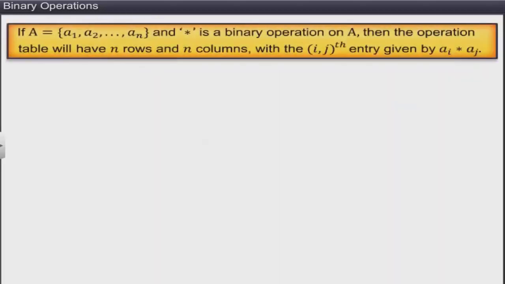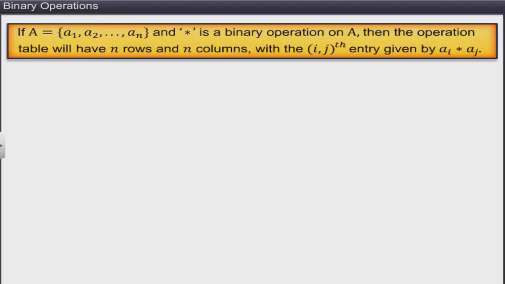In general, we can say that if A is any finite set with n elements, and star is a binary operation defined on A, then the operation table will have n rows and n columns, with the ijth entry being AI star AJ.